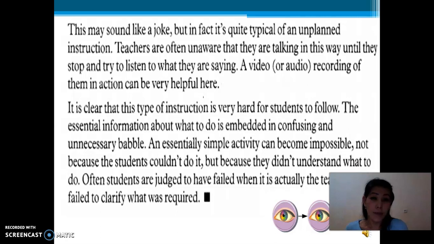And also, I may say that while you are giving instruction, in order to see how effective and how understandable your instruction is, here is the first activity you may do as an English language teacher.